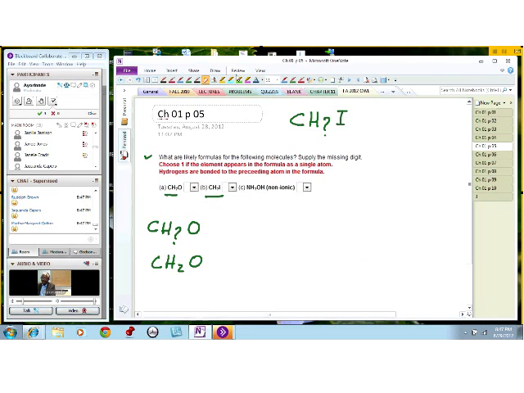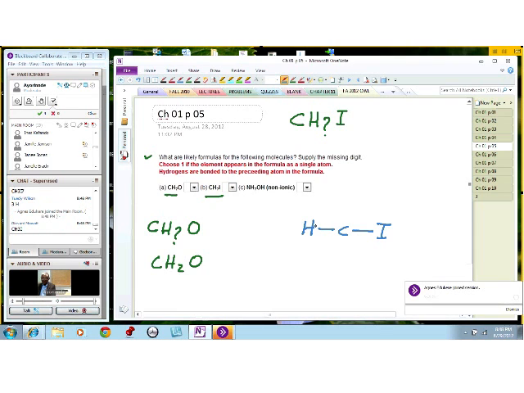This is B. We have C bonded to iodine, and then only 1 hydrogen is here. What do you think the formula for this will be? How many hydrogens do we need here in order to start? Oh, okay, somebody got it right already. CH3. Very good. You guys know what you're doing. We need to have this in order to satisfy the valence and the octet.